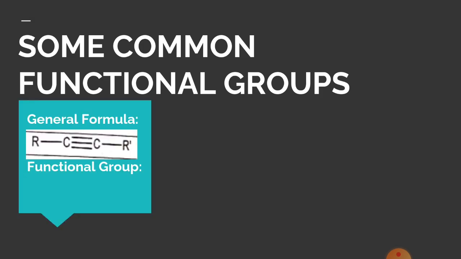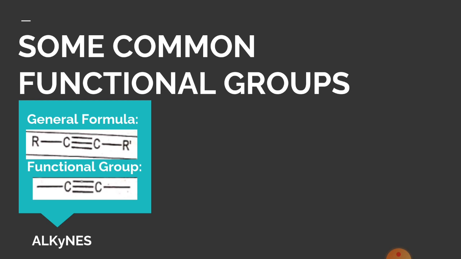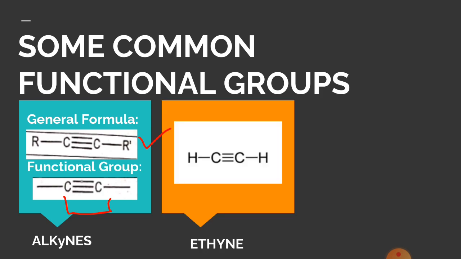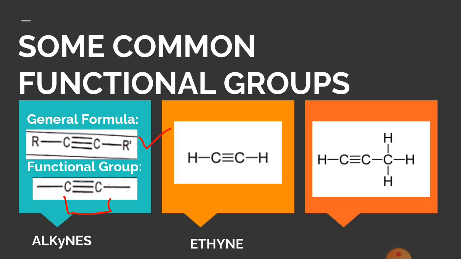Another class of organic compounds is the alkyne. The general formula for the alkyne is represented like this, and the functional group in the alkyne is the C triple bond C. Examples of alkyne include ethyne and propyne.